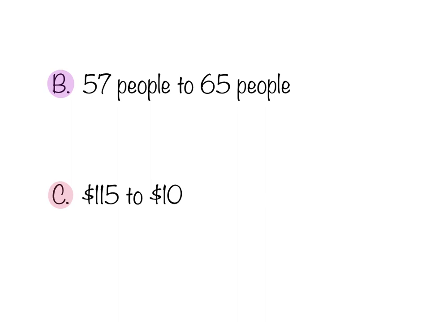Okay, so for example B, 57 people to 65 people. Again, we take the difference, 65 minus 57. And that's going to be 8. And we put it over the original number, which is always the first one. So 8 over 57. At this point, guys, it's just an FDP conversion, going from fraction to decimal.